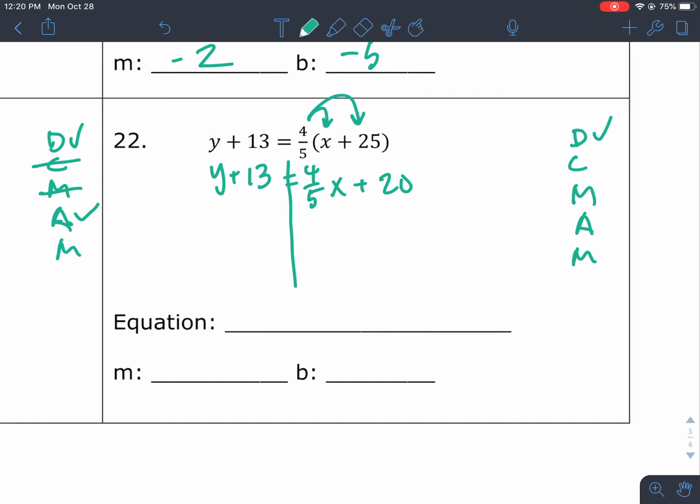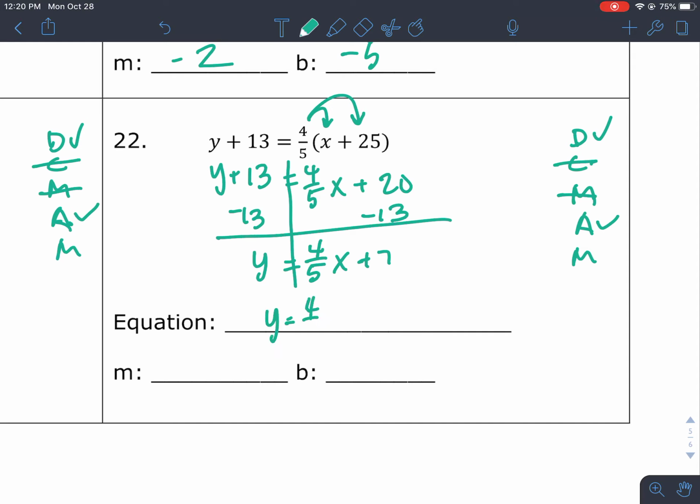So the next step that I'm going to do is I'm going to go ahead and subtract 13 because I don't need to combine, move, but I do need to subtract. And I'm left with y equals 4/5 x plus 7, where my slope is 4/5 and my intercept is 7.